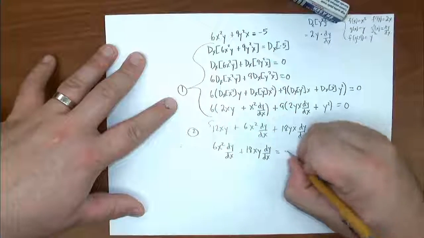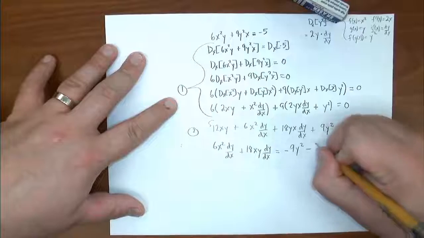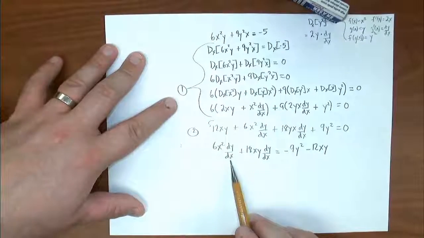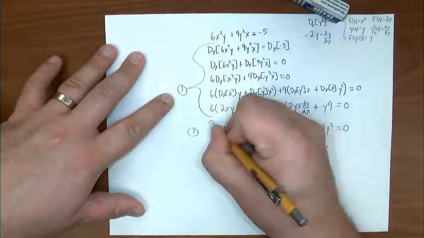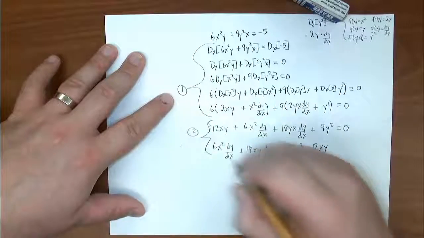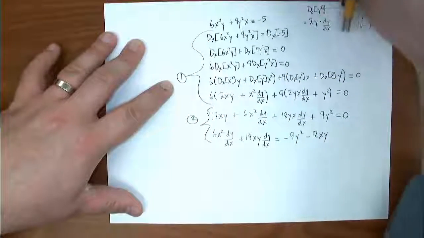So that's going to be a negative 9y squared minus 12xy. So I have my dy dx term on the left, everything else on the right. That is step two.